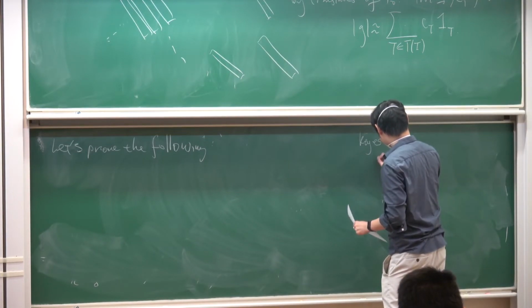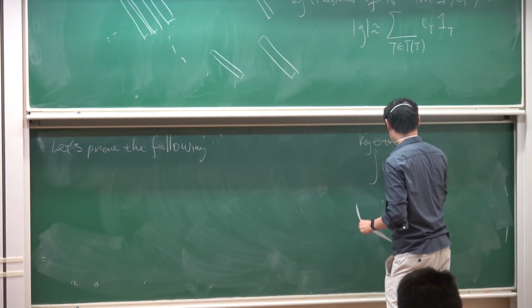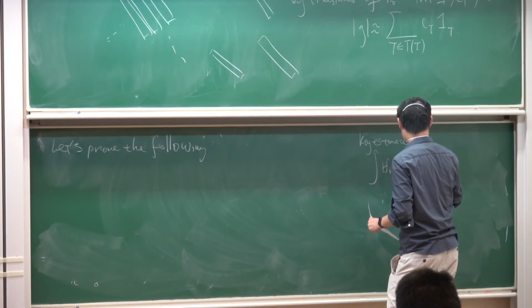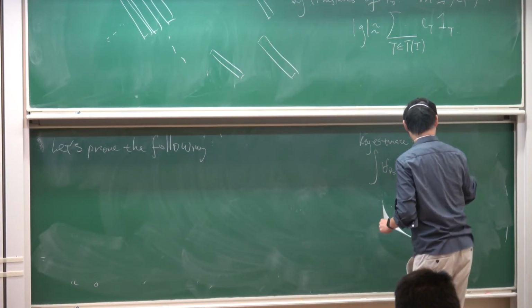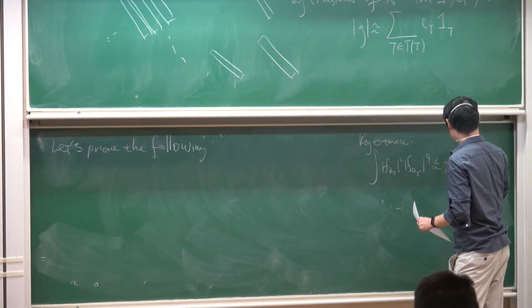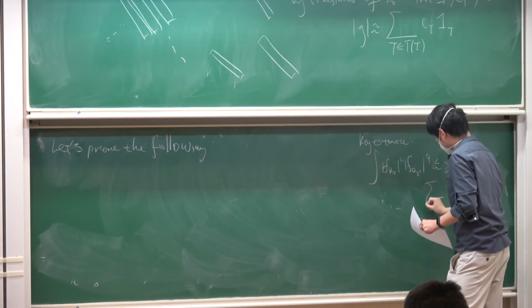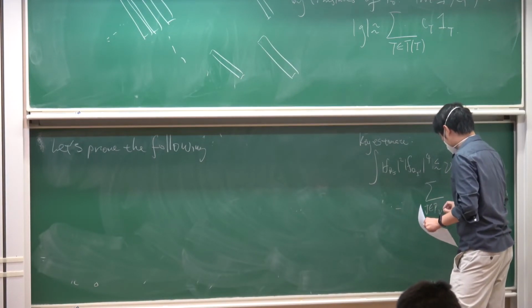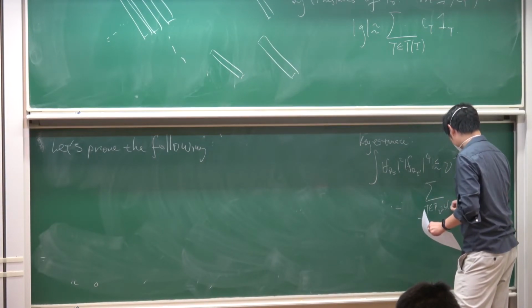Our key estimate said the integral of f theta I is bounded by nu to the minus big O of 1 times the sum over a partition of I into intervals of length nu to the 2b.